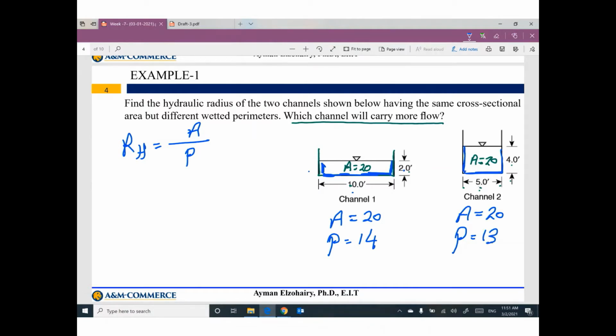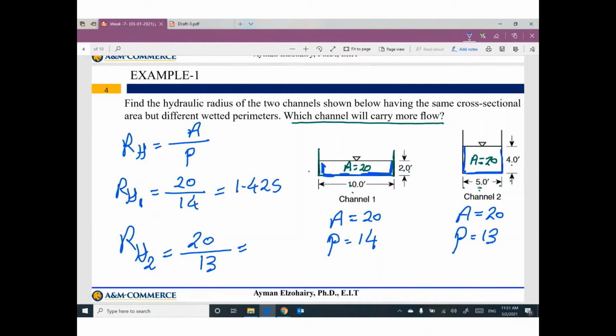13. So hydraulic radius for channel number 1 equals 20 divided by 14. Hydraulic radius for channel number 2 equals 20 divided by 13. So 20 divided by 14 equals 1.428. 20 divided by 13, 1.538.